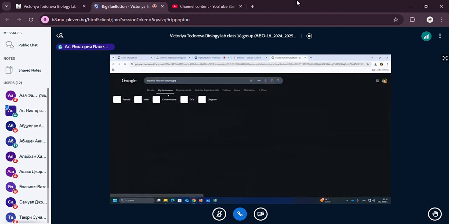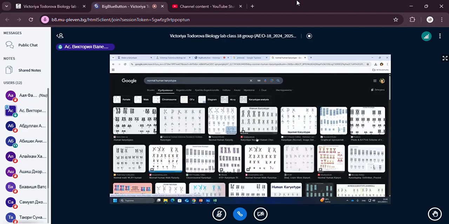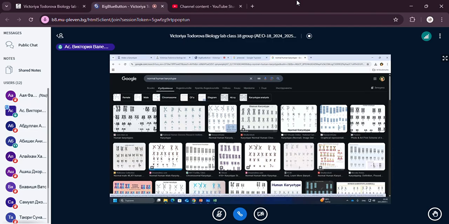What you see here is a karyogram, because all of these chromosomes do not look like this in our body.